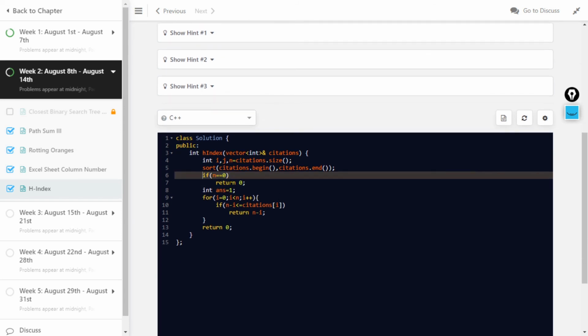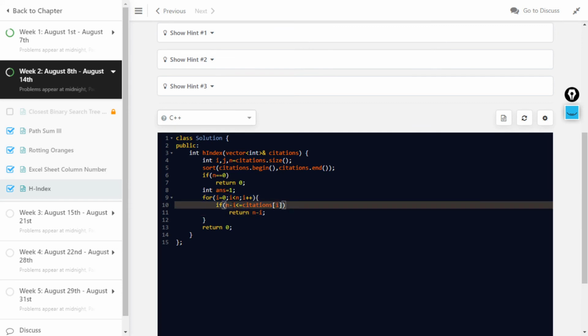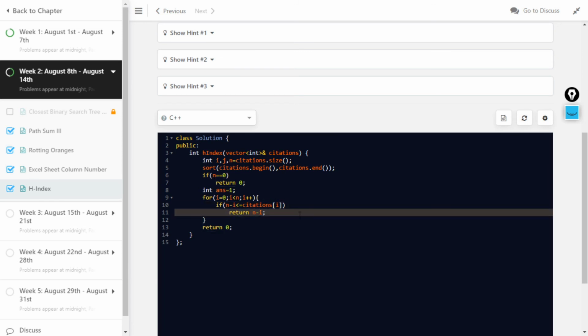Initially our answer will be 1. Now for i equals 0, i less than n, i plus plus: whenever n minus i is less than or equal to the credentials at i, we simply return n minus i.